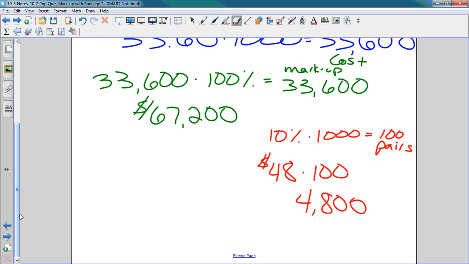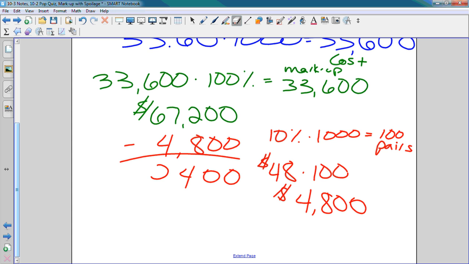So what do I do with that $4,800? Subtract it from the total that I need to get, because I'm going to get $4,800 for those shoes. So I need to subtract it out of what I need to get. So I'm going to get $62,400 for the remaining.